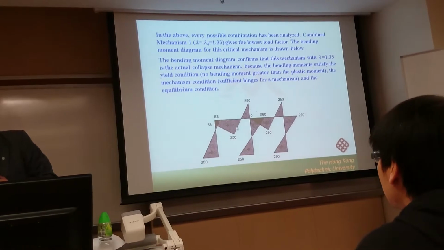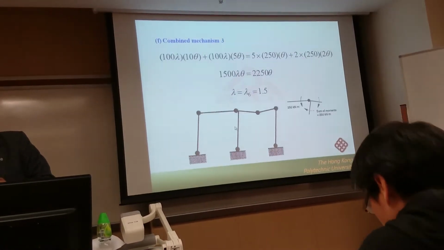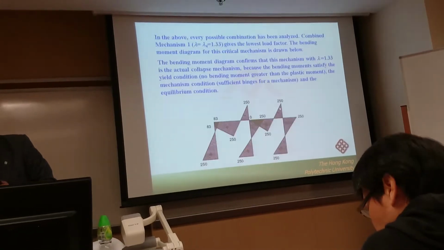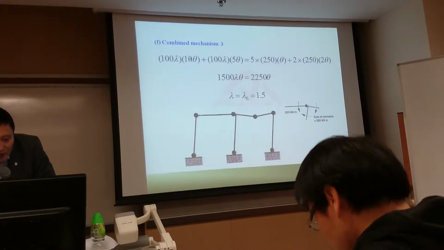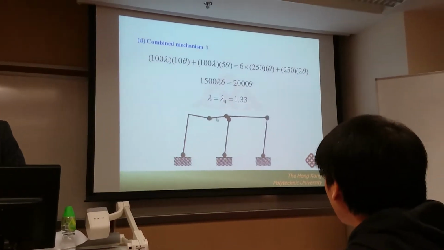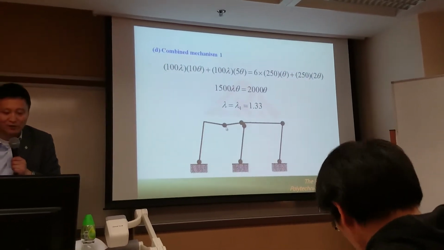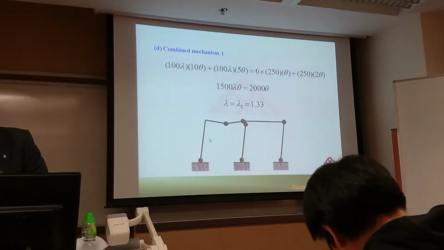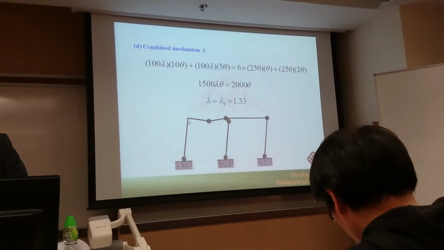I hope you can do the moment check by yourself, corresponding to this combined maximum 1, right? It's no problem because this is a plus hinge already, so the moment should be equal to 250. It's correct. And the moment for this section must be less than the plus moment.